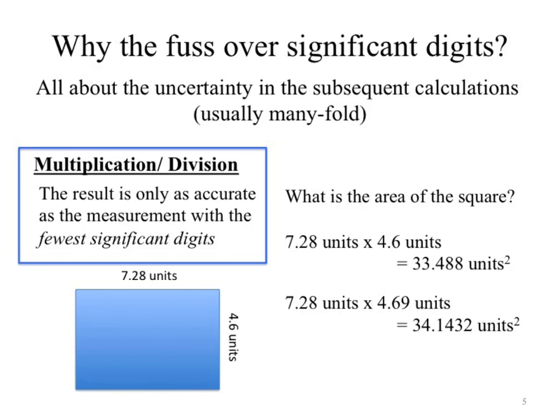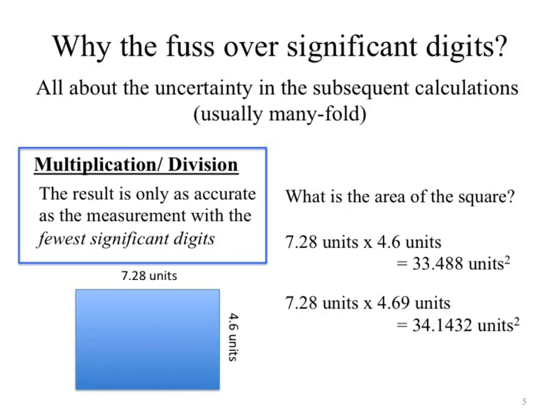That could be anywhere as close as 0, which we assumed at first, all the way up to 9. If we make it 9, do we see a substantial difference in our answer? One case we said 33, in the other case we said we get 34. Okay? That makes a substantial difference in our overall answer for whatever we're trying to do. We need to make sure that that error doesn't show up in our calculation. And we do that by always rounding according to the least significant digits, so 1 and then 2.